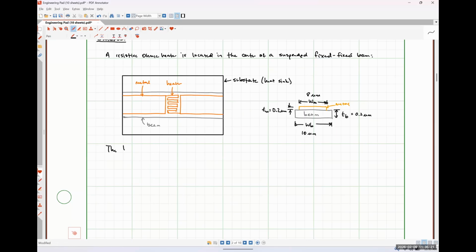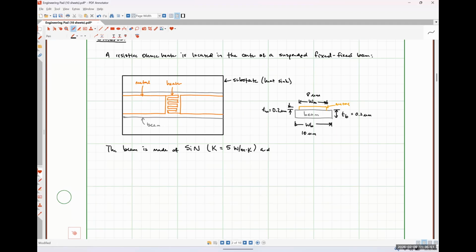So the beam is made of silicon nitride, which has a thermal conductivity of 5 watts per meter Kelvin.